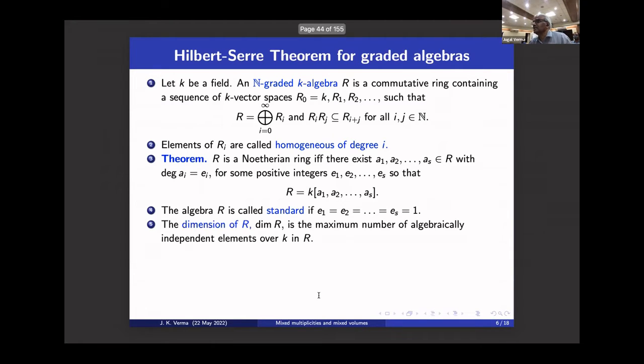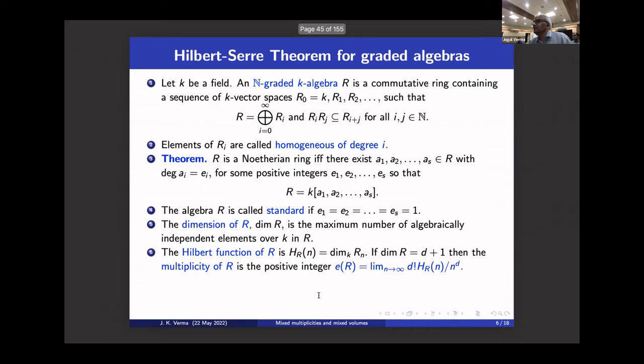Once we have a standard graded algebra, one can derive many invariants of the ring R through the Hilbert function. First recall dimension. The Krull dimension of R is the maximum number of algebraically independent elements over K inside R. The Hilbert function keeps track of the dimensions of the graded pieces. So H_R(n) is the Hilbert function of R, and it is the dimension of the nth graded component.